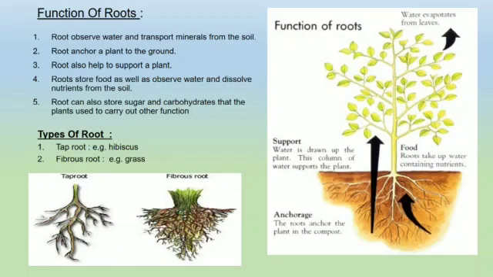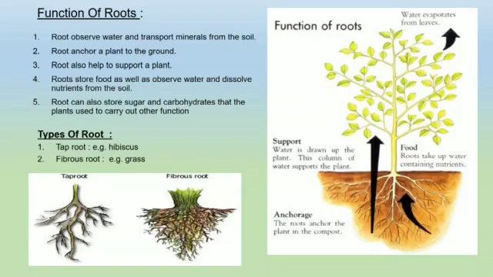Function of roots. Roots absorb water and transport minerals from the soil. Roots anchor a plant to the ground. Roots also help to support a plant. Roots store food as well as absorb water and dissolved nutrients from the soil.